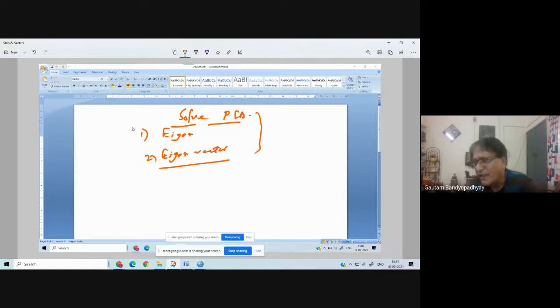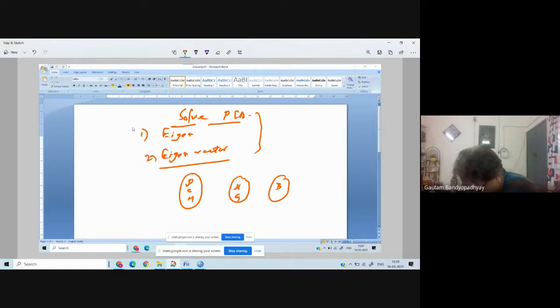When you solve any real life problem using PCA and factor analysis, say in a group there are 3 variables, physics, chemistry, mathematics. Another group, say history, geography, and another group, say Bengali, English.